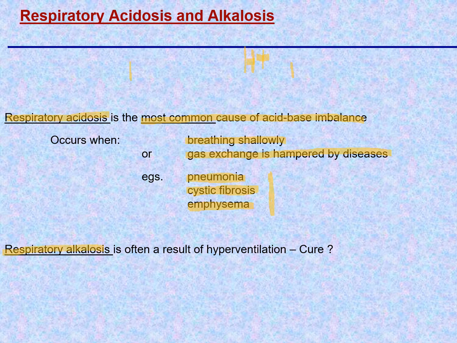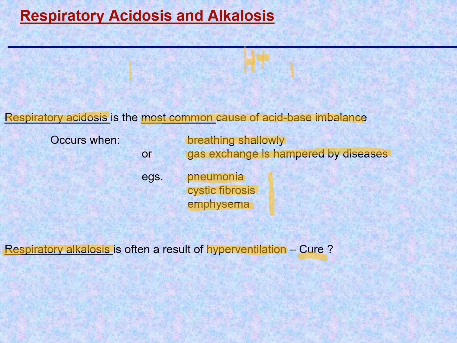Respiratory alkalosis, on the other hand, often is a result of hyperventilation. The cure, of course, is to give the person a paper bag, put that over their mouth and their nose, and let them breathe in and out into the bag. In that way, they will be rebreathing their CO2, their PCO2 will rise, and it will correct the alkalosis.